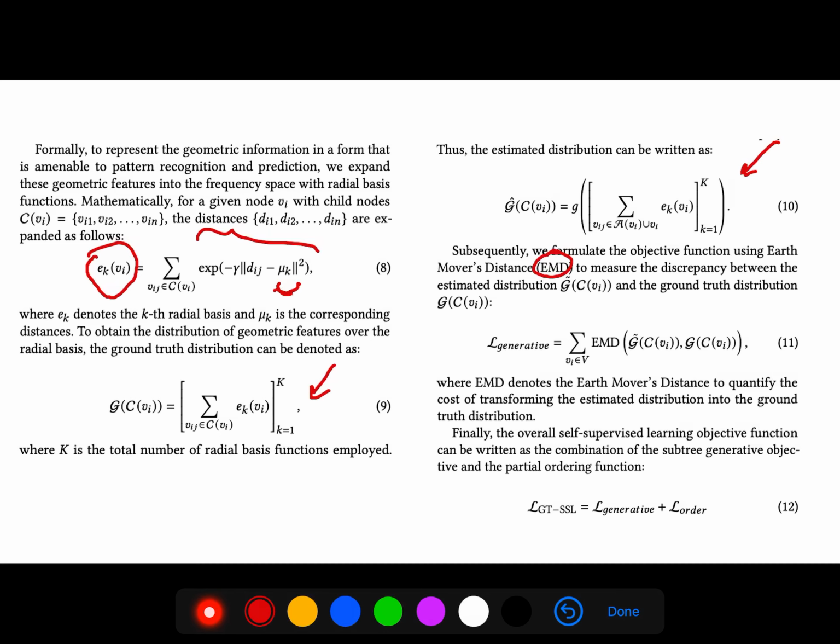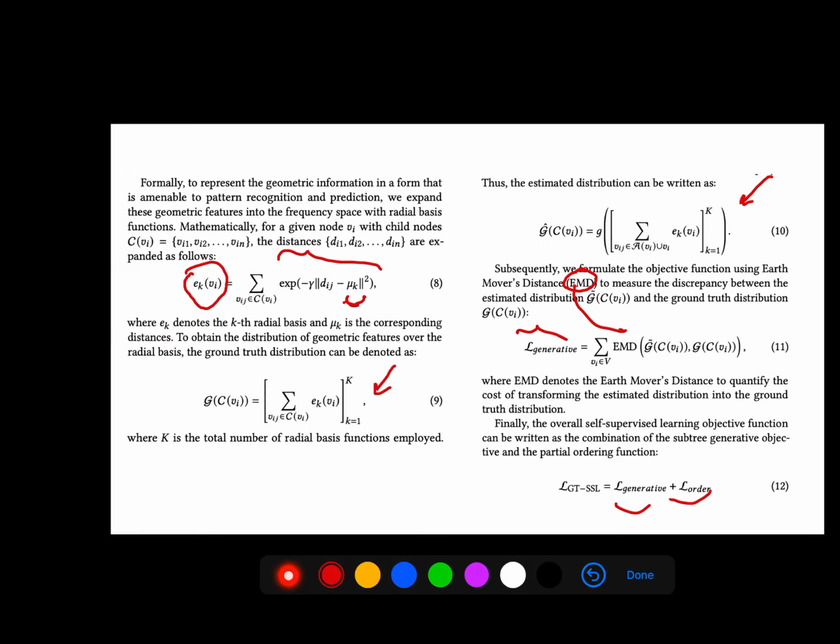This is an important topic in optimal transport and in mathematics. So the Earth moving distance between them should be minimized. This is the generative loss. And finally, we add these losses together.